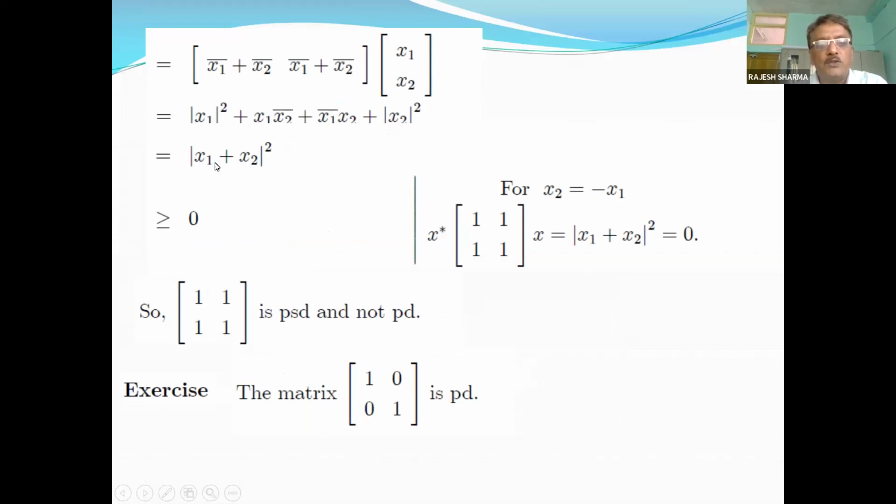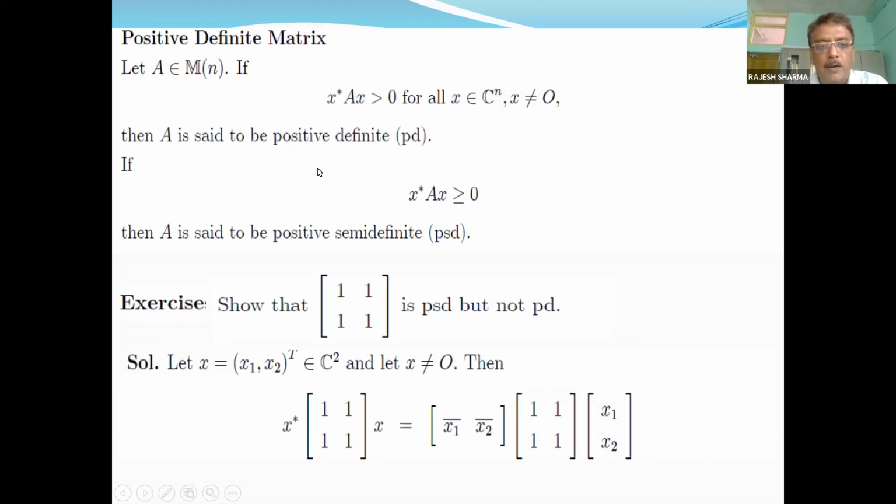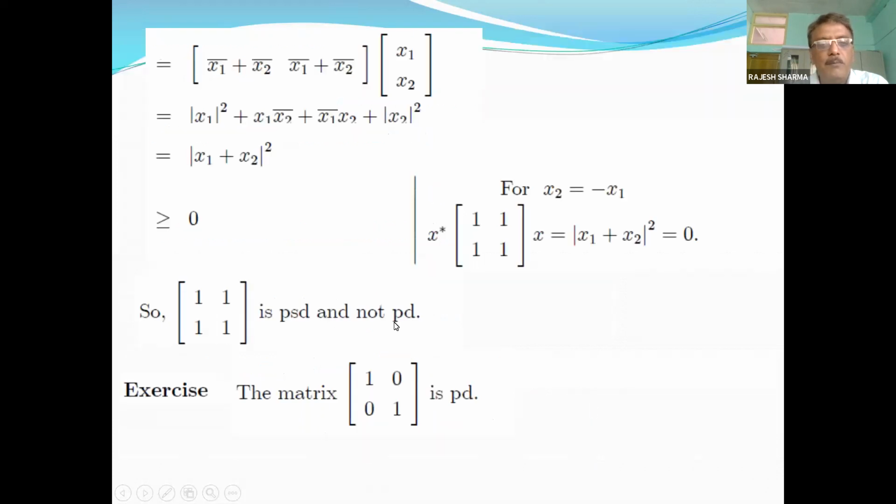So if we take x2 equal to minus x1, then this becomes 0 and x is not equal to 0. For example, if we take x1 to be 1 and x2 to be minus 1, we get this value 0. So this matrix is positive semi-definite and not positive definite.